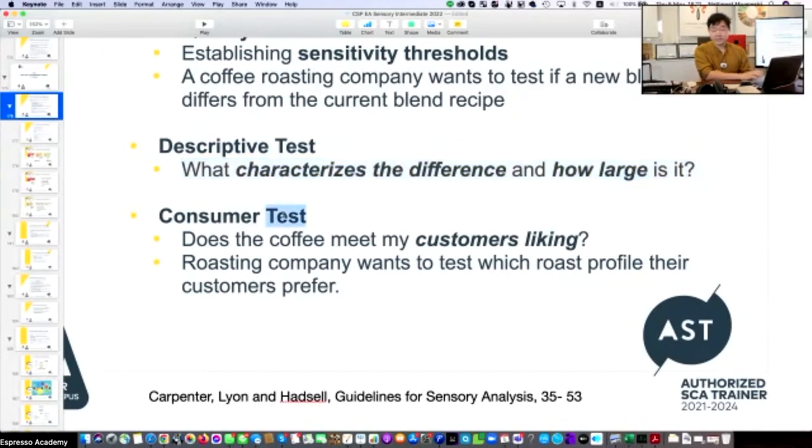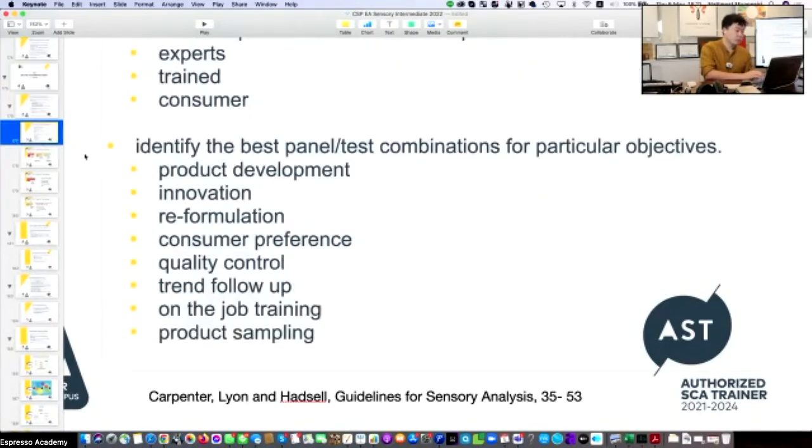But if it's a test for consumers, the very easy test for consumers is the one in the black book research, the one earlier: do you like it or don't you like it? That's the consumer test. Very interesting one.